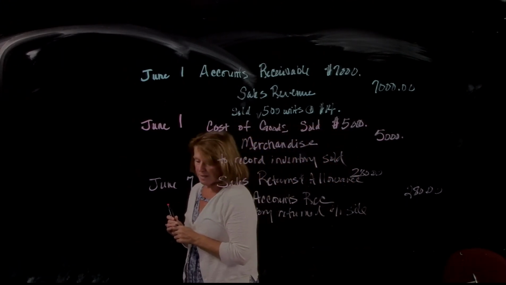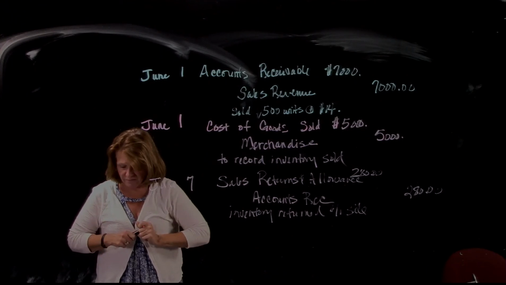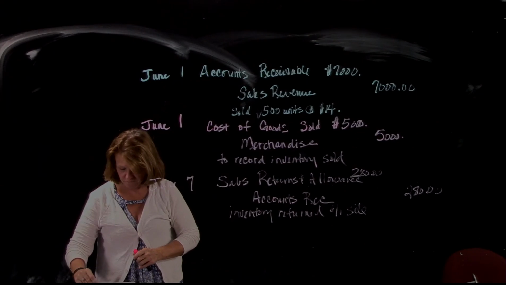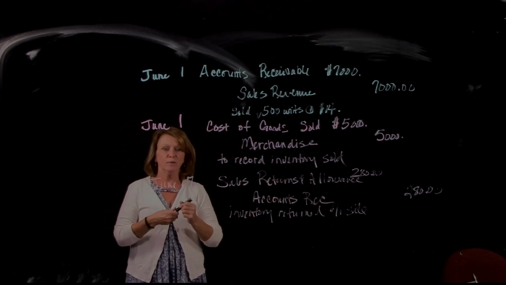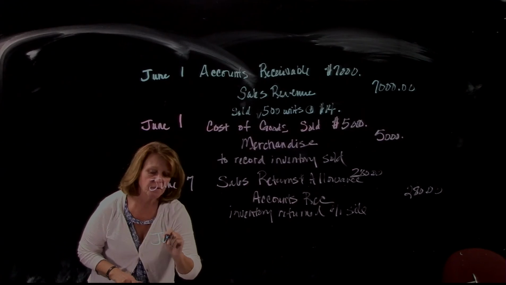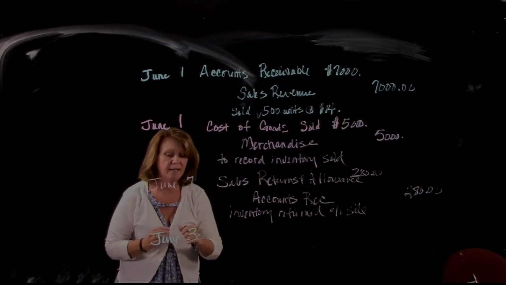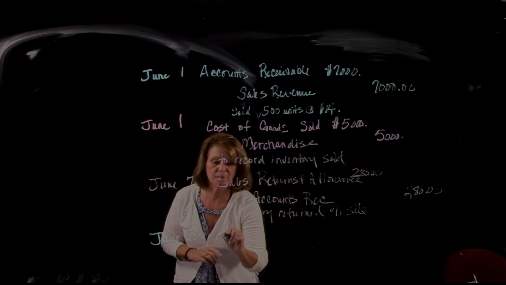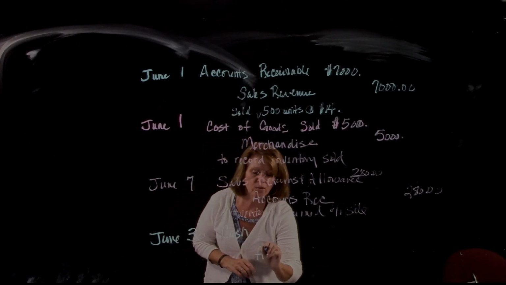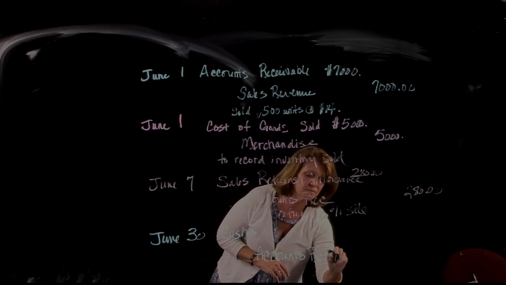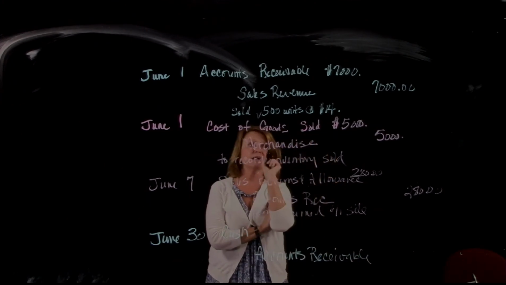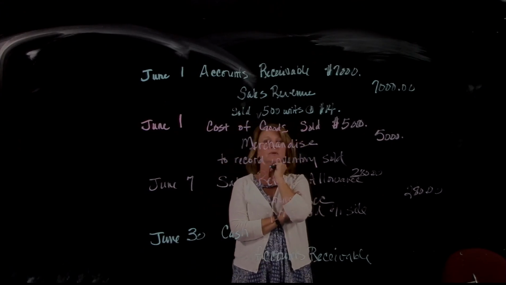And now on June 7th, we're going to receive money, or we'll say on June 30th, we received money for this. And we are going to get cash. And we are going to credit accounts receivable. Now, they're outside our discount period. We didn't give them a discount period.